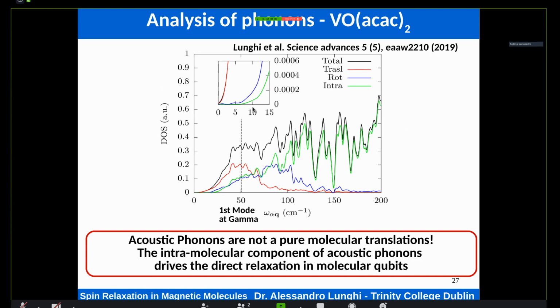So essentially, what we found from this study is that acoustic phonons are not pure molecular translations, but they are strongly mixed with the intramolecular motions. And these intramolecular components, even though very small, are non-zero, and it's what gives you a final value for the spin-phonon coupling in this case.